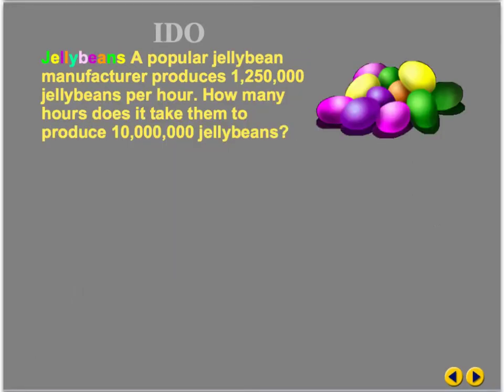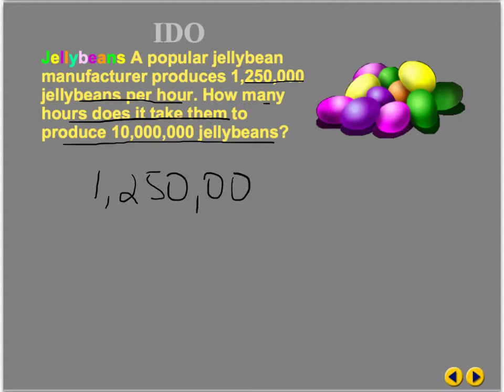Alright, so let's try to apply this. A popular jelly bean manufacturer produces 1,250,000 jelly beans per hour. How many hours does it take them to produce 10 million jelly beans? Okay, so we want to think about how we can set this up. We know that in 1 hour they can produce this many, so that would be times 1.